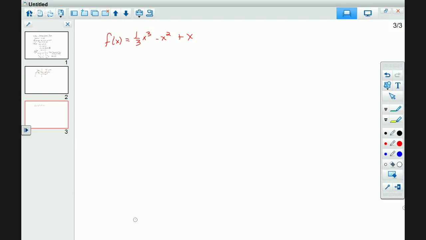Okay, what's the derivative, Hunter? Bring the exponent down. 1/3.